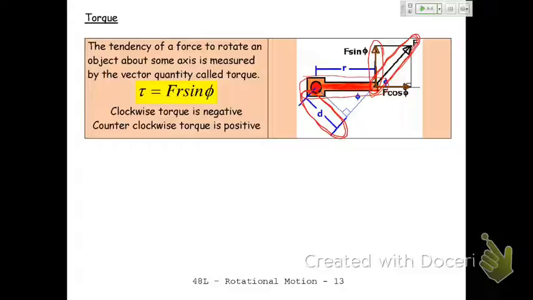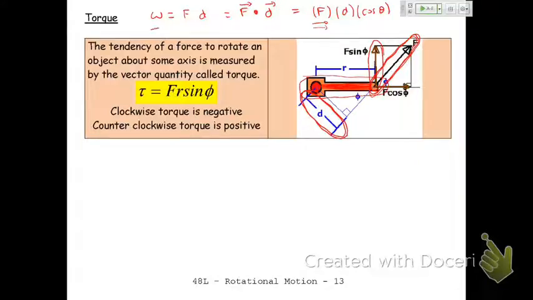This is somewhat reminiscent of work. Work was force times distance in its simplest form, and we said work was equal to force dotted with d in its vector form, and we said that was force times d times the cosine of the angle between them. And we needed the force to be in line with the displacement. Remember that perpendicular, no work was done. This is similar but different.